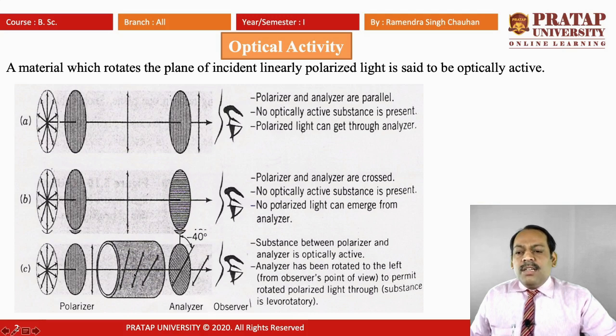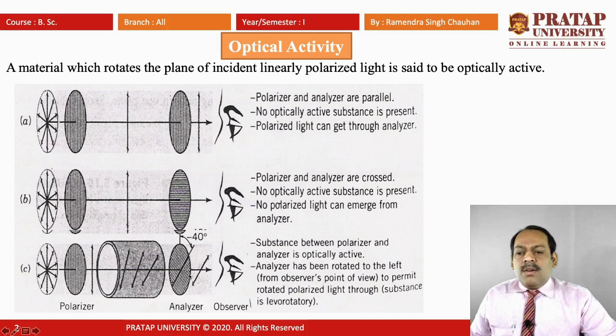Optical activity is rotation of the plane of polarization of light because of an optically active substance. So here we see the substance between polarizer and analyzer is optically active. The analyzer has been rotated to the left from the observer's point of view to permit the rotated polarized light through.